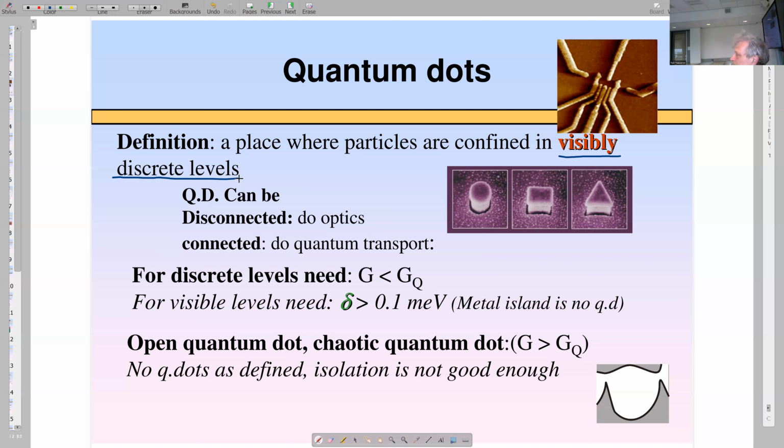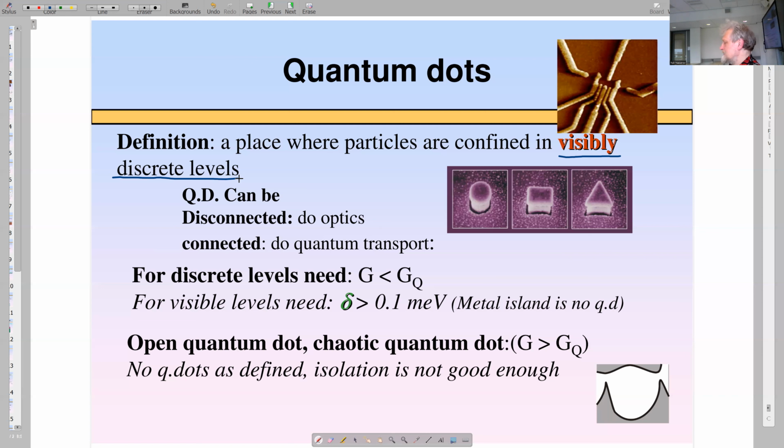It's a matter of instrumentation, but in these islands the mean distance between the levels is of the order of a microelectron volt. It is still difficult to resolve the spectrum.